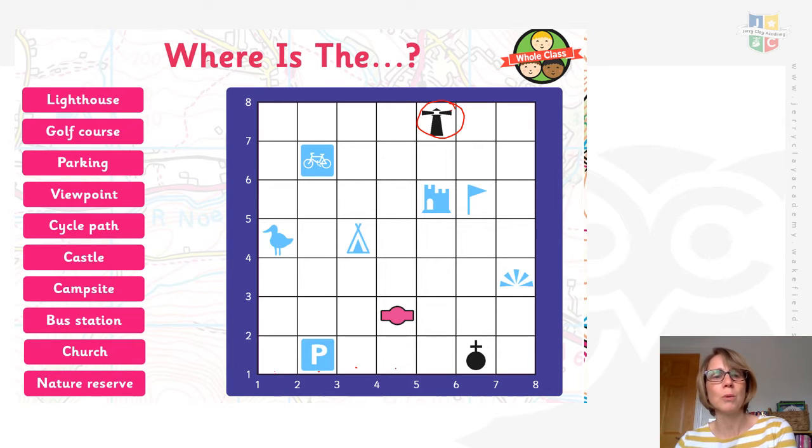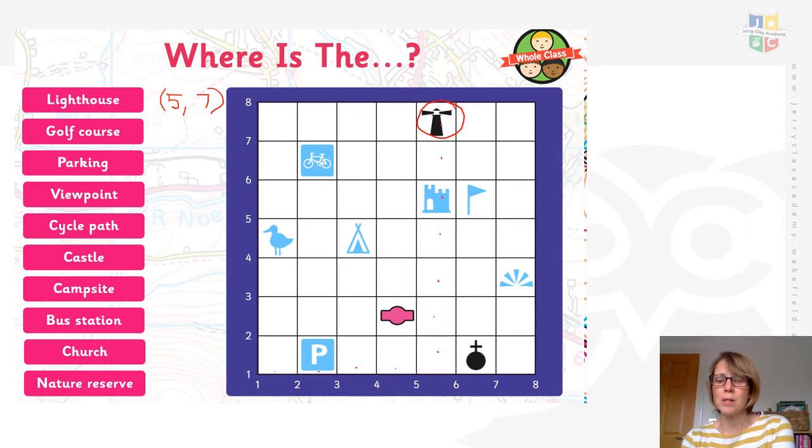So the first coordinate of the lighthouse is 5, and remember that we always write our coordinates inside brackets and we split them up with a comma. So we were on 5 along and then up, right up to the top, 1, 2, 3, 4, 5, 6, 7. So the coordinates of the lighthouse is 5, 7, like that.